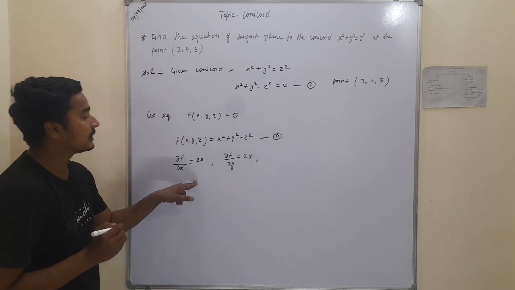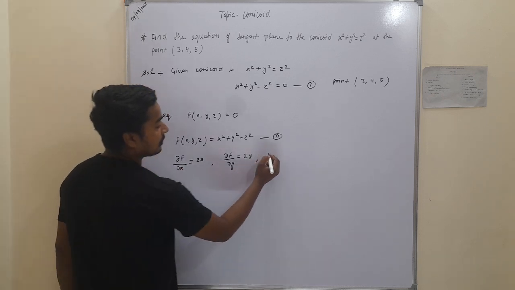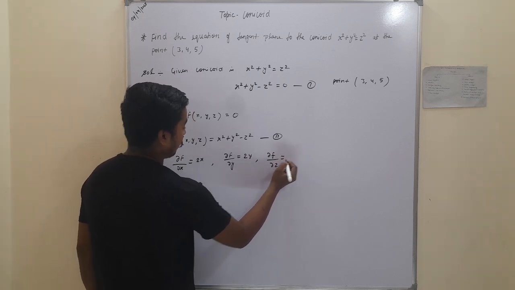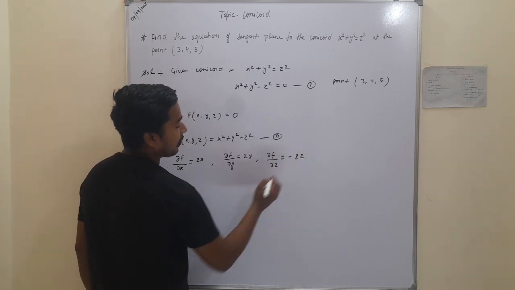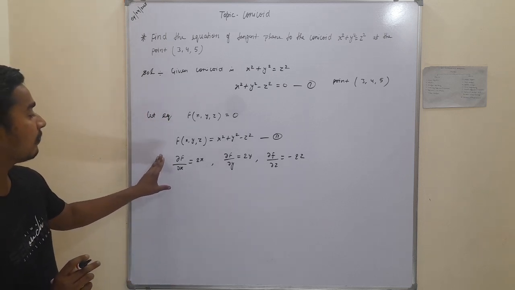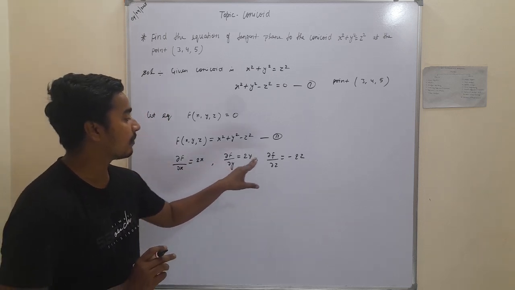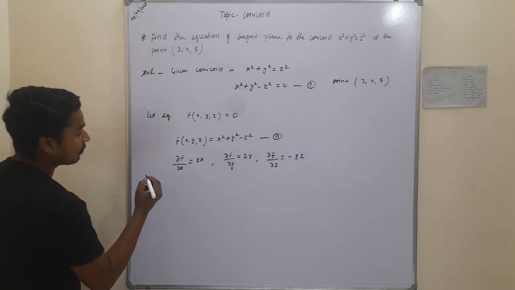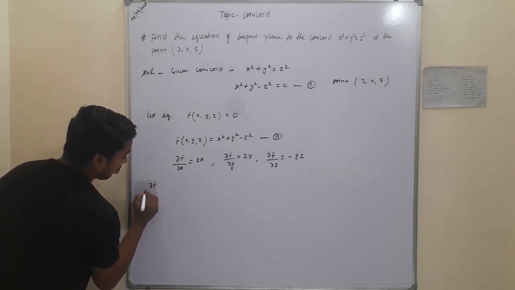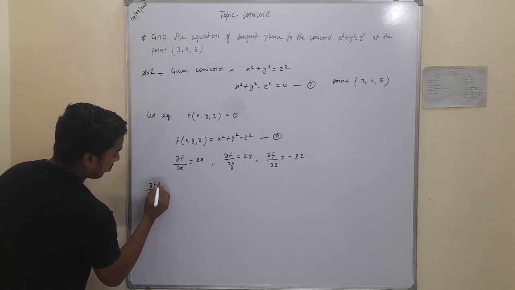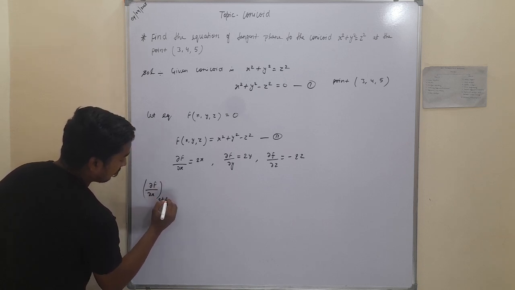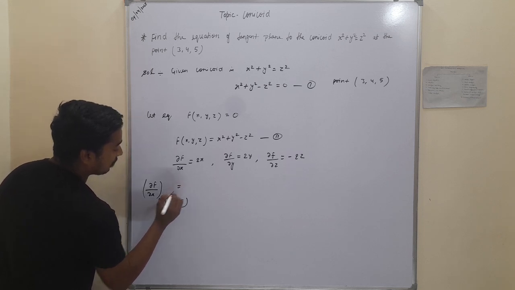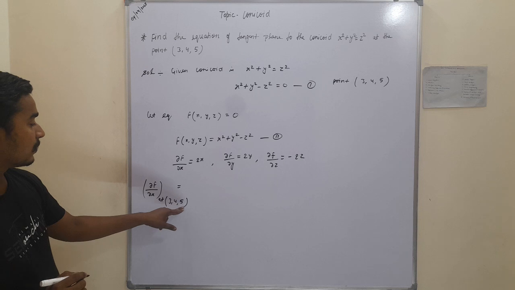Similarly, differentiating with respect to z, del f upon del z gives minus 2z. Now we have to find del f upon del x, del f upon del y and del f upon del z at the point (3, 4, 5).